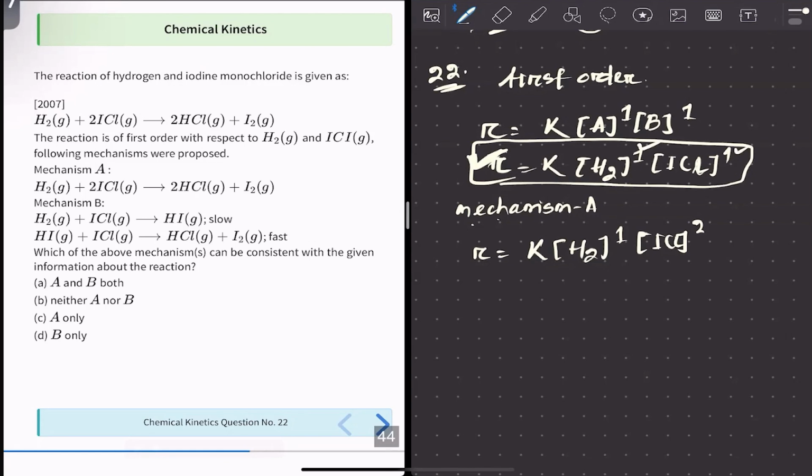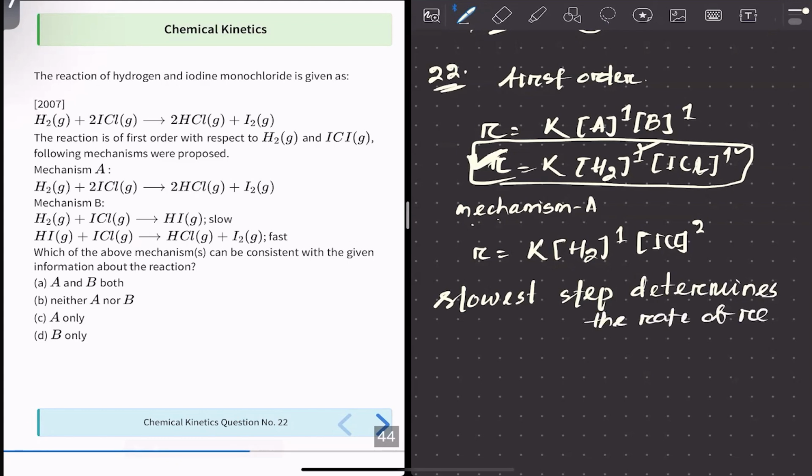Let's see mechanism B. Mechanism B has two steps, one slow step and one fast step. The slow step has the reaction of H2 plus ICl gives rise to HI. Then reaction 2 has HI plus ICl gives rise to HCl plus iodine. But we will take into consideration the slow step. The slowest step determines the rate of reaction, and it is considered an elementary reaction.